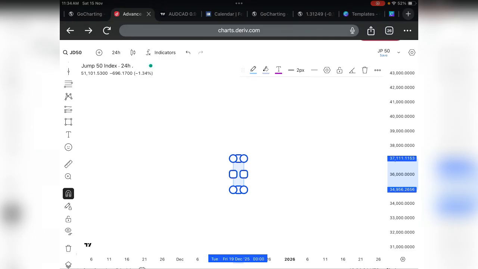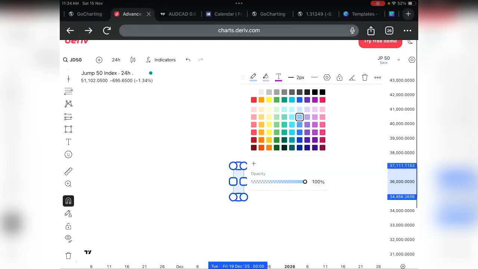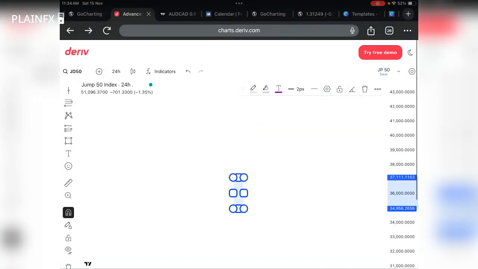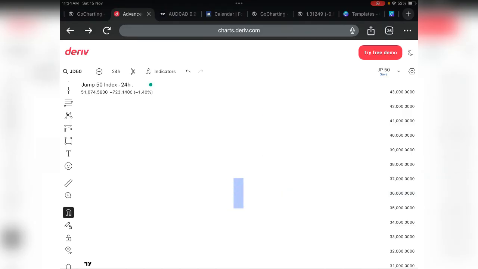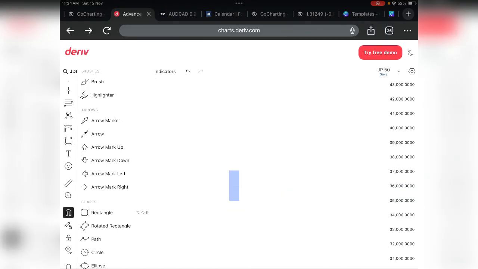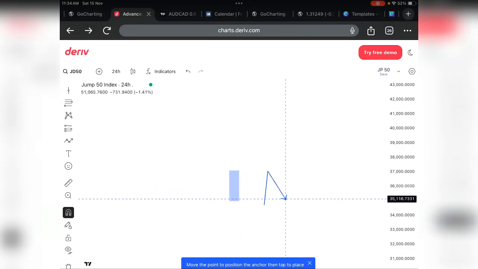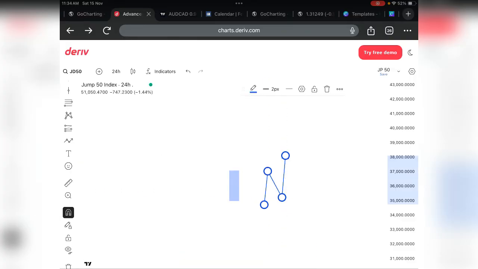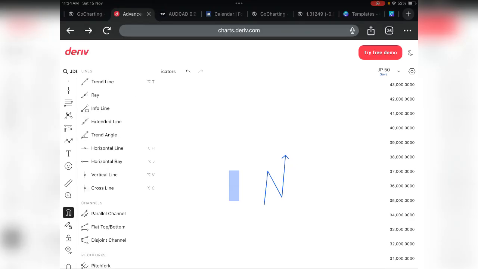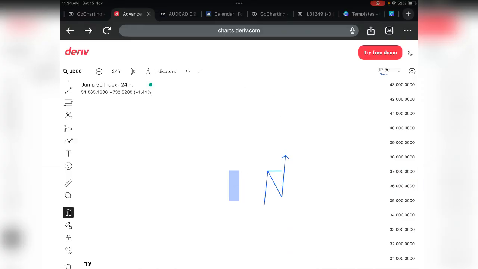Let me ditch this candle. Okay, now let's say price takes out, for a bullish movement, price takes out an external range.